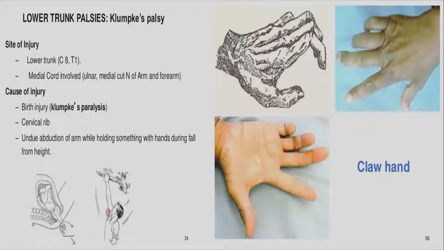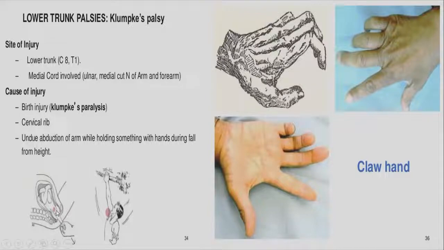Then what happens if you damage the lower trunk? Now imagine the hand of this child presents first during delivery, and you pull the hand with force. You can damage the lower trunk. Damage to the lower trunk is Klumpke palsy.